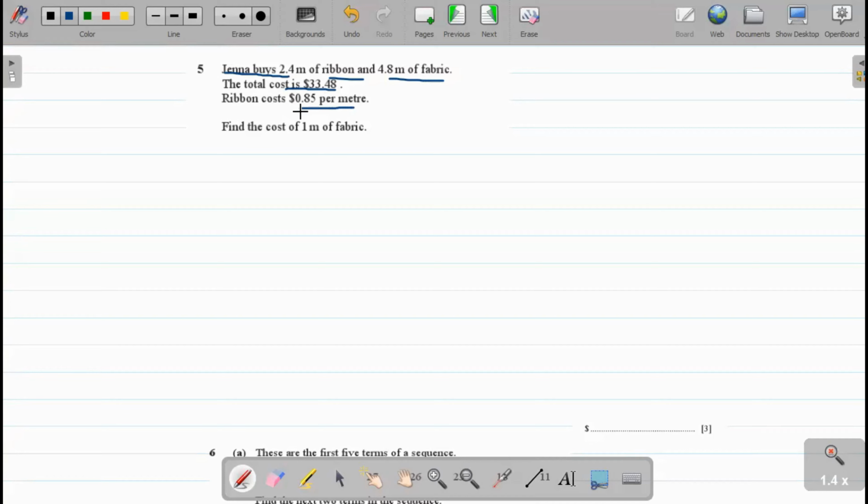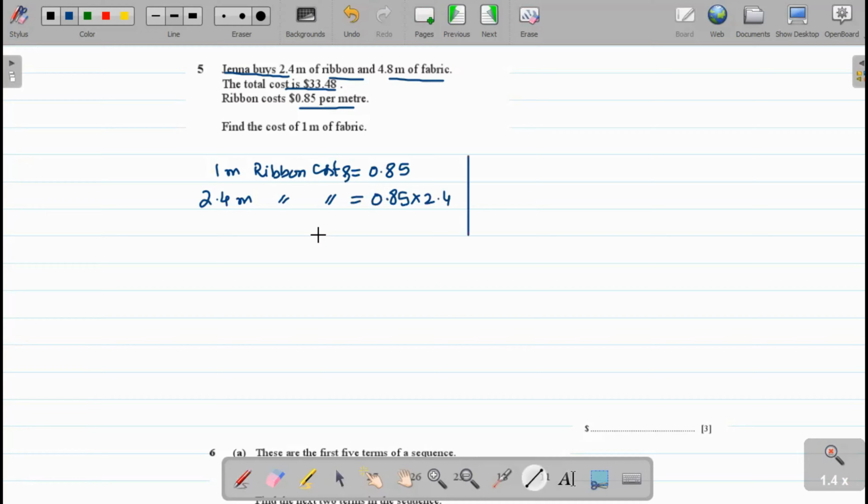Now you see here, 1 meter of ribbon costs 0.85 and the 2.4 meters of ribbon cost will be equal to 0.85 multiplied by 2.4. And same here, we have to find the cost of 1 meter of fabric.